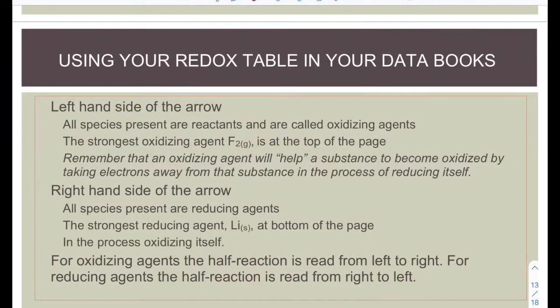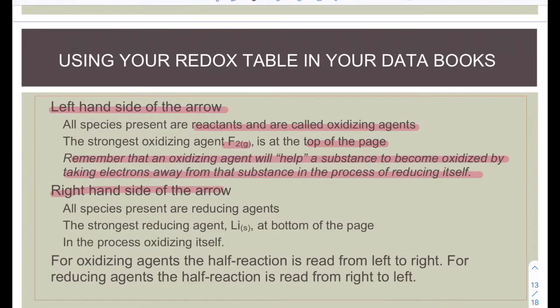So just a few notes on using the redox table in your data book now. The left-hand side of the arrow in the data book, all of these species are reactants and are oxidizing agents. The strongest oxidizing agent is fluorine gas, and it's at the top left-hand side of the page. Remember that an oxidizing agent will help a substance to become oxidized, taking electrons away from the substance in the process of reducing itself.